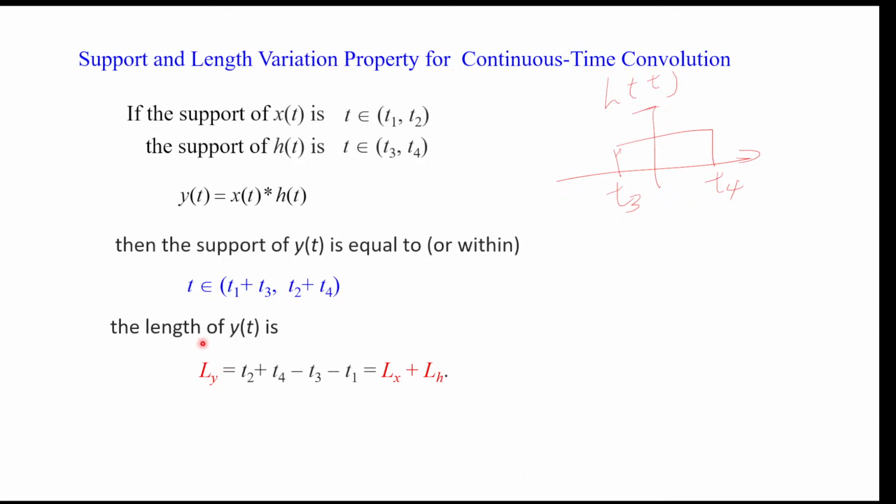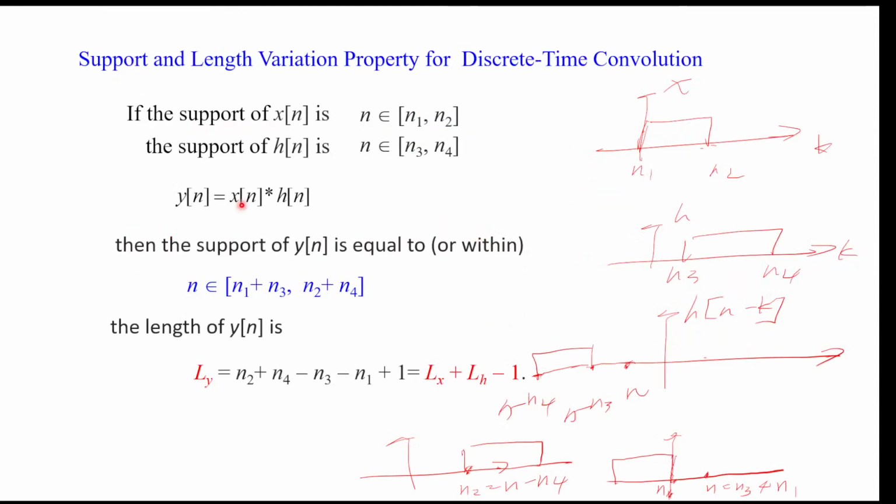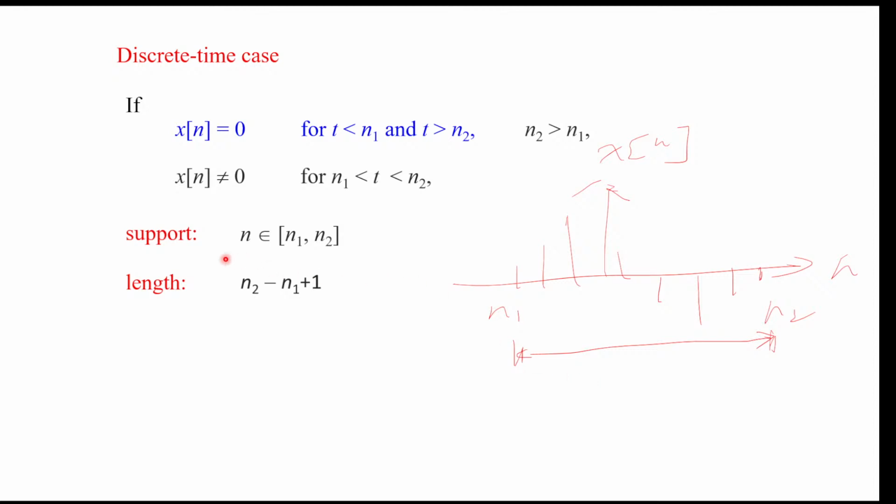And obviously that means that the length of your y of t will be the input length plus the impulse response length. Okay, and similarly for the discrete time case, the support of the output is n1 plus n3 to n2 plus n4. And the length counting is a little different, because in discrete time the length is n2 minus n1 plus 1. Okay, so that's just elementary school counting.